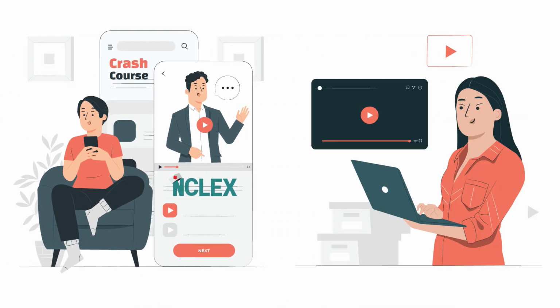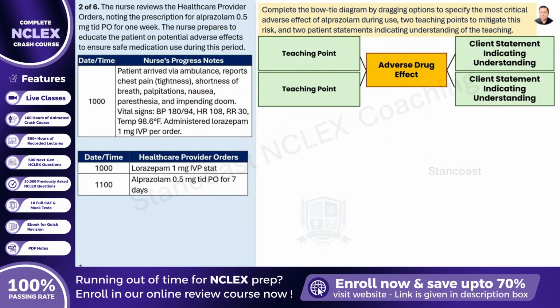All right, now let's dive into the topic. It says here, the nurse reviews the healthcare provider orders, noting the prescription for alprazolam 0.5 milligrams TID PO for 1 week. The nurse prepares to educate the patient on potential adverse effects to ensure safe medication use during this period.